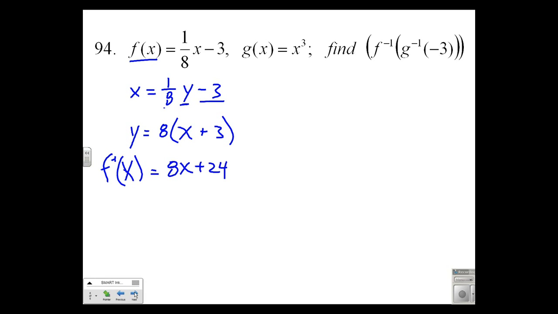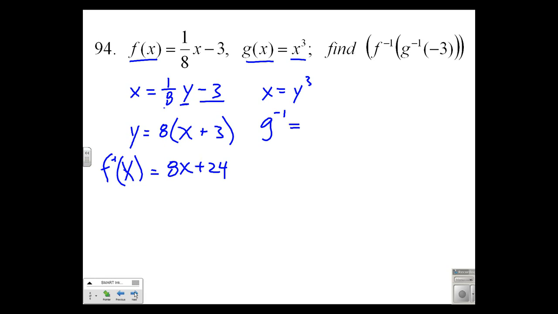And then for this guy, well, that's pretty easy. If I go x in place of y, y in place of x, I get g inverse is third root of x. Let's do that again.